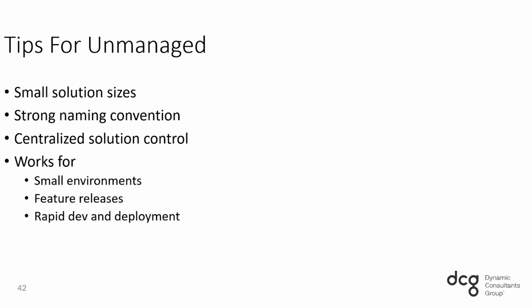And then I recommend it for small environments, maybe for future releases if you're making feature updates. If an organization is small enough and you're coming at changes at a rapid pace, then maybe working with unmanaged makes sense and is manageable for the rapid dev deployment.